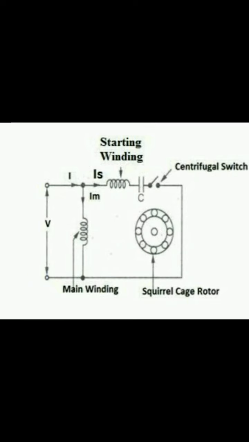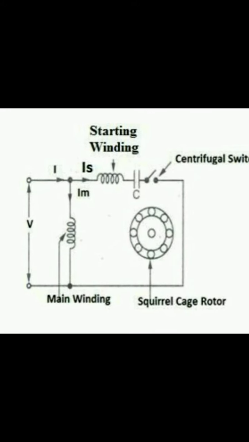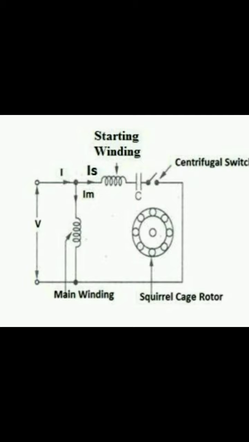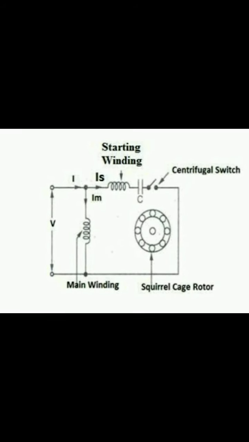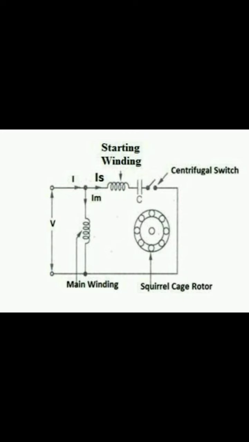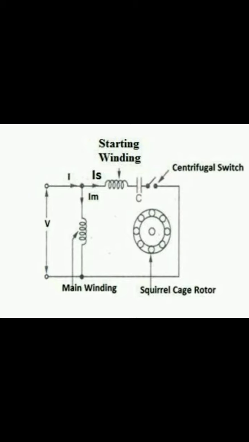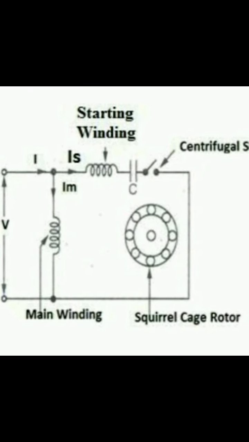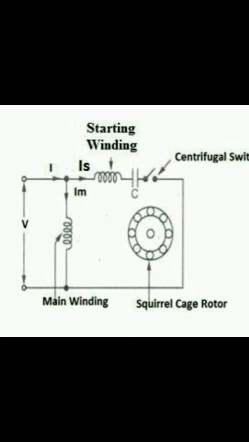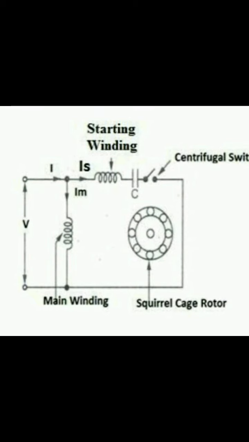So for a single phase induction motor we are using the capacitor. At the time of starting, the position of the centrifugal switch is closed, but after reaching 75% of the rated speed of the induction motor, the centrifugal switch opens, the starting winding and capacitor are disconnected from the supply, and the motor runs only on the main winding, so the capacitor is used only at starting.